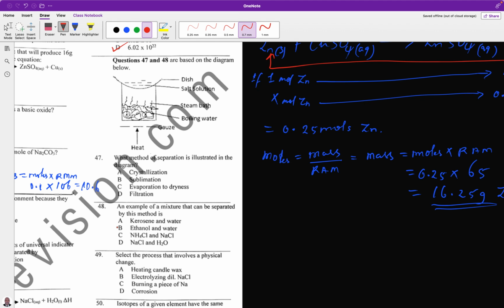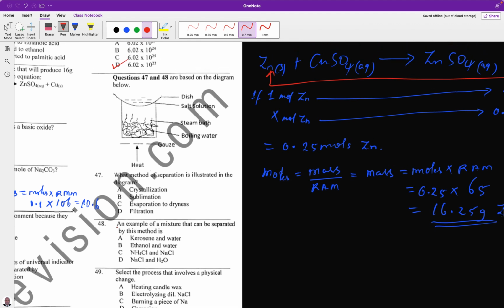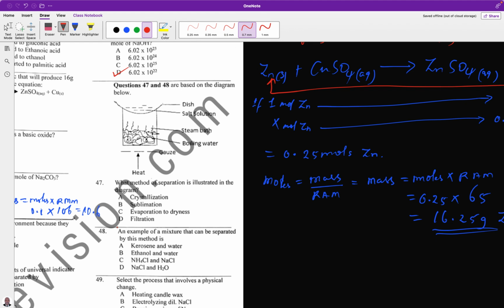The only method you can do here in the lab for the preparation of salt crystals is crystallization. So 47 is A.